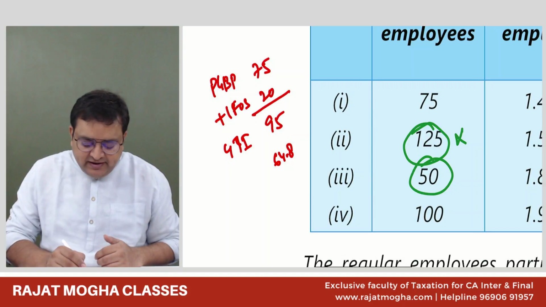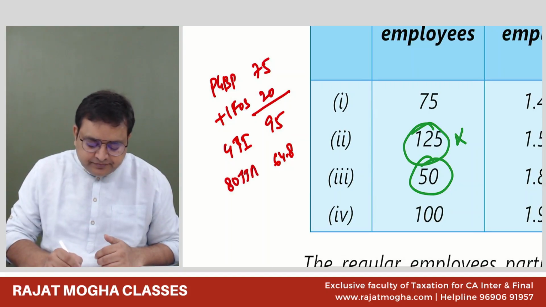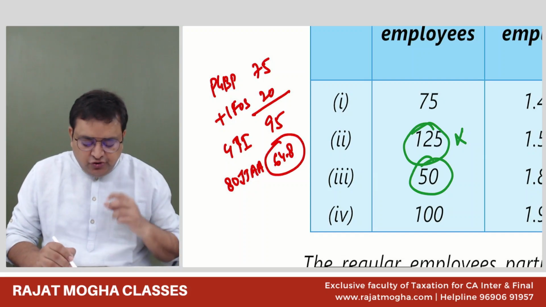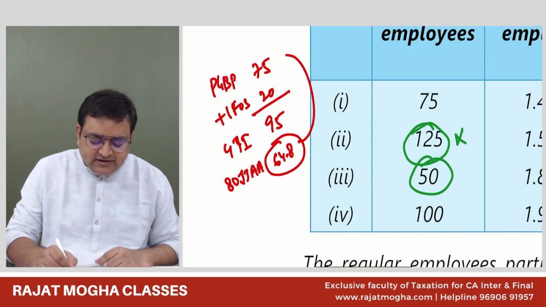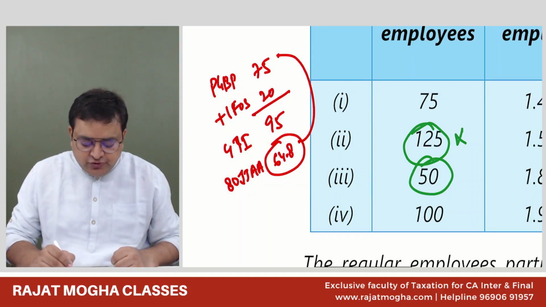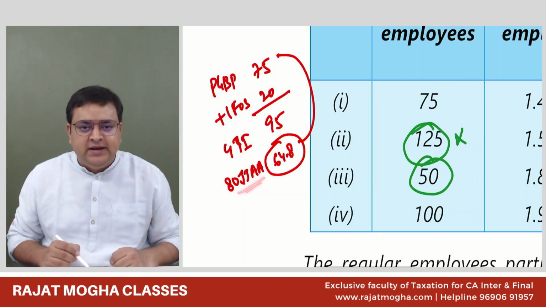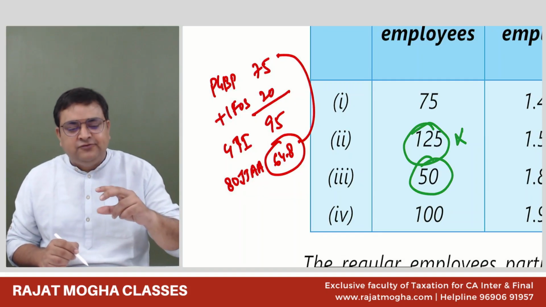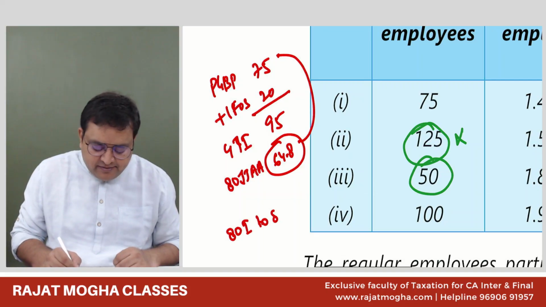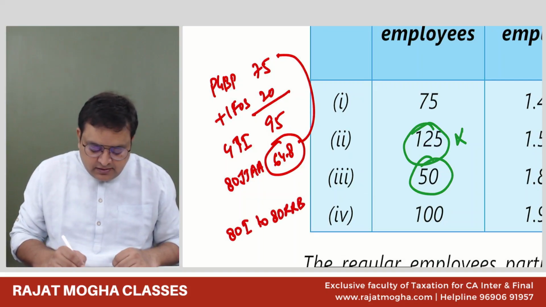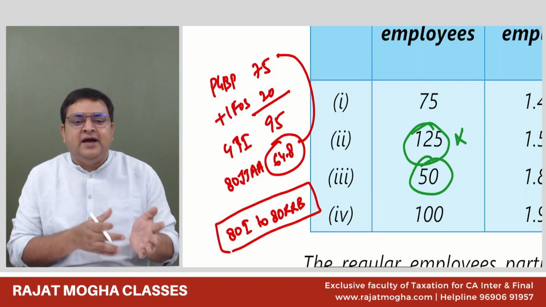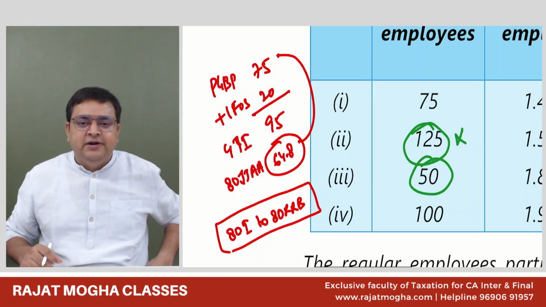But actually, while giving this 80JJAA, this deduction should not be more than the profit from such business. So what I am saying to you is, although your GTI is higher, with respect to 80JJAA, in fact, this provision is for all the sections which lie between 80I to 80RRB, most of the sections like 80IA, IB, IC, etc. It is not in your syllabus.